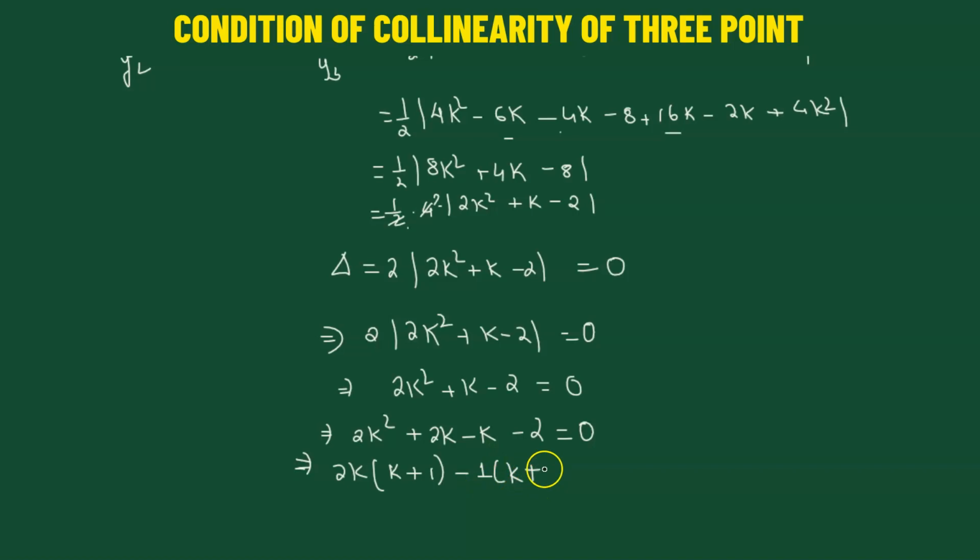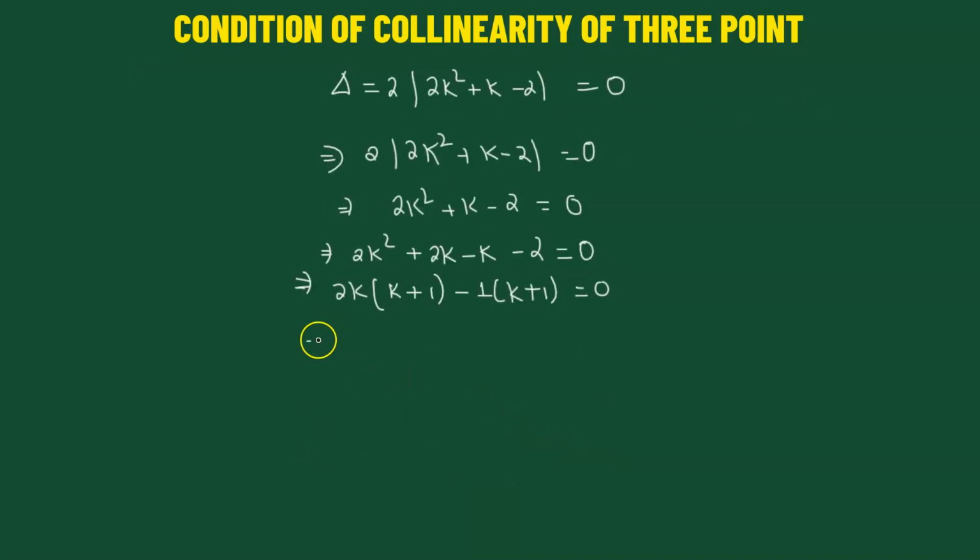This gives us k plus 1 multiplied by 2k minus 1 equals 0, which means the value of k could be either negative 1 or positive 1/2. That's the value of k that we needed to find.